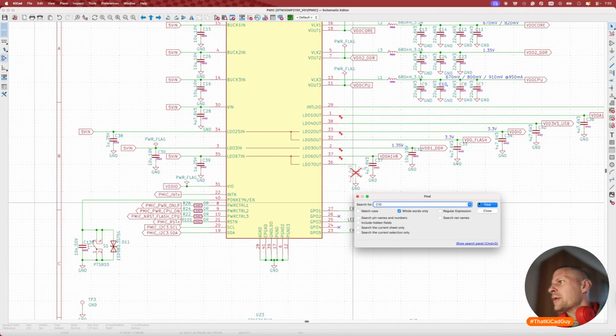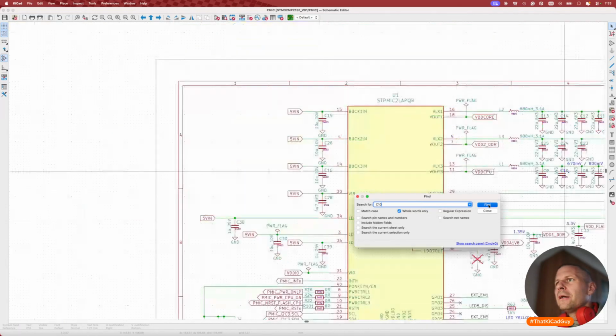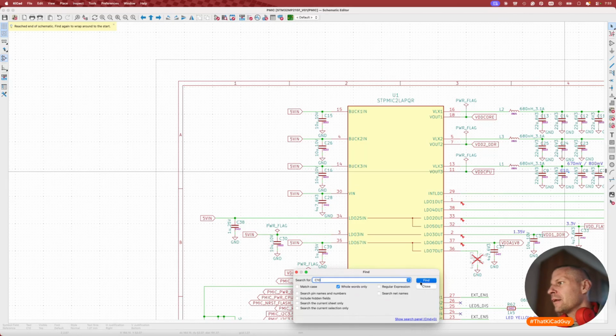Where is C10? I don't know. If I'm looking for something, I would expect to zoom into that component, and there is definitely C10.